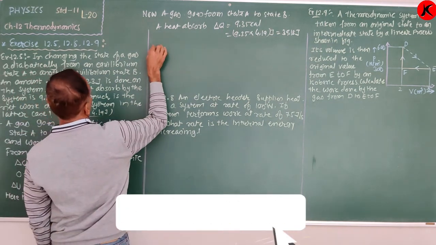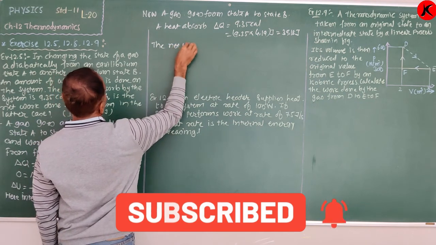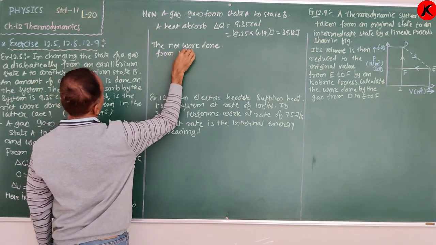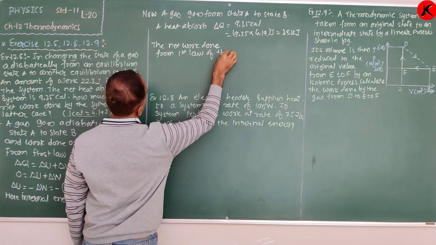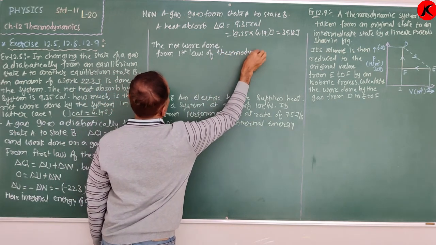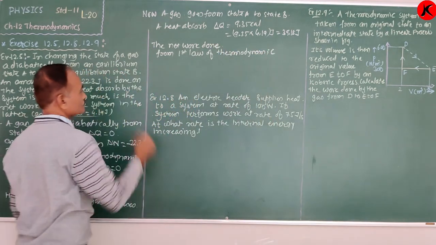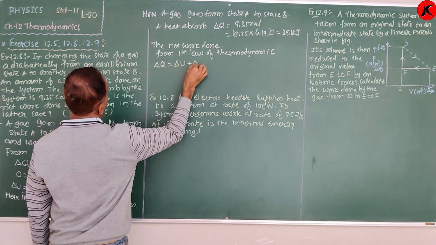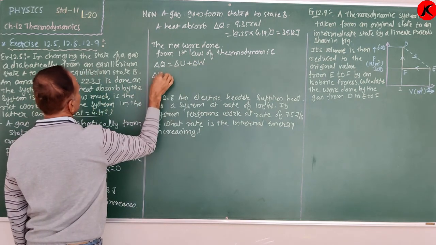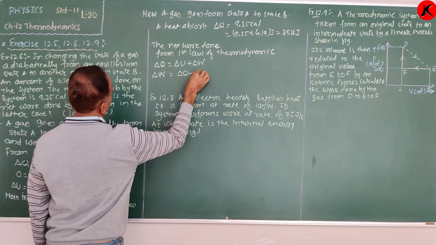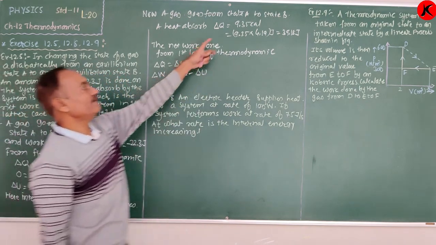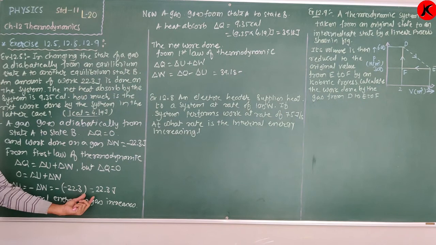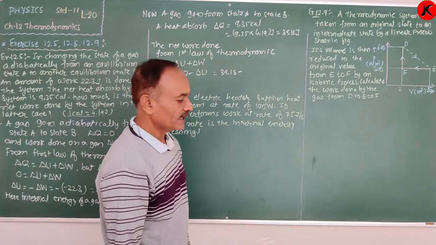Therefore, the net work done, from the first law of thermodynamics, delta Q is equal to delta U plus delta W. Therefore, delta W is equal to delta Q minus delta U. Delta Q is 39.18 joule, minus delta U, which we already found, 22.3 joule.